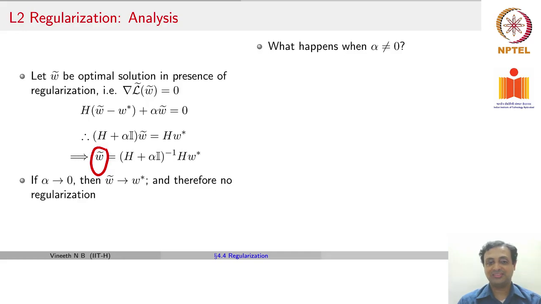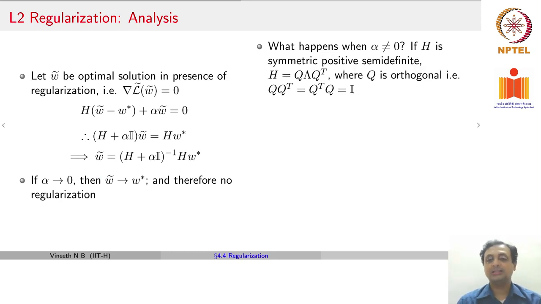It's not trivial to say something in general about W tilde unless you assume some form for H. So to do that, let's assume that H is symmetric positive semi-definite. Rather, symmetric is a symmetric matrix. Positive semi-definite means that the eigenvalues of H are all greater than or equal to 0.